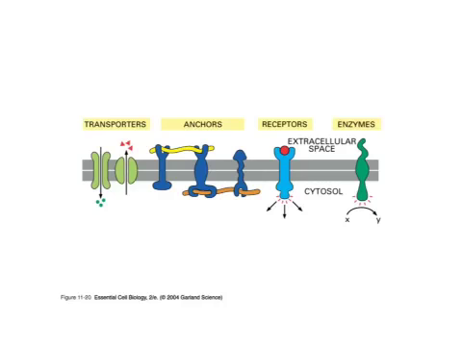So again, here you have your transporters, which are moving things across the membrane. If you think about function and structure, the transporters must cross the membrane. They also must have an opening. They have to allow things to go in and out. Anchors are just exactly what they seem.